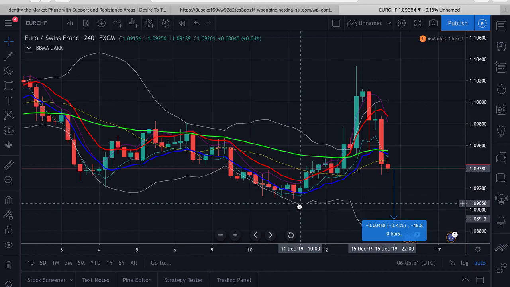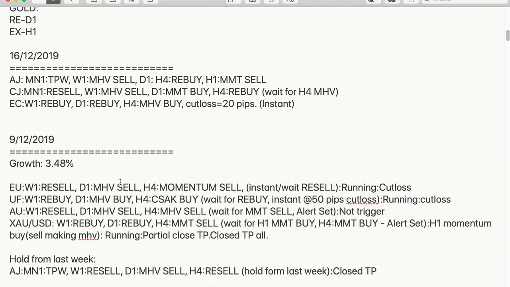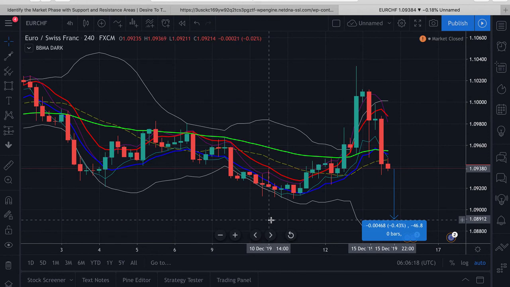I think this is another good setup for instant euro CHF. Weekly is a quick rebuy, then D1 is rebuy, and then H4, we can look at it as MHV first.